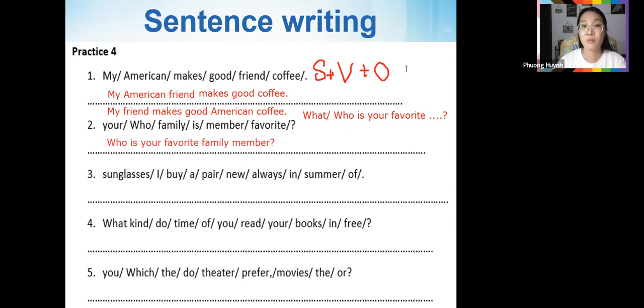Rồi câu số tiếp theo, mình cứ theo nguyên tắc từ từ vậy, tìm chủ ngữ, tìm động từ trước, và mấy cái còn lại mình tính sau. Giờ mình tìm chủ ngữ nè bạn. Chủ ngữ là cái gì? Ai, đúng không? Rồi, ai. Động từ trong đây là gì em? Động từ chính.